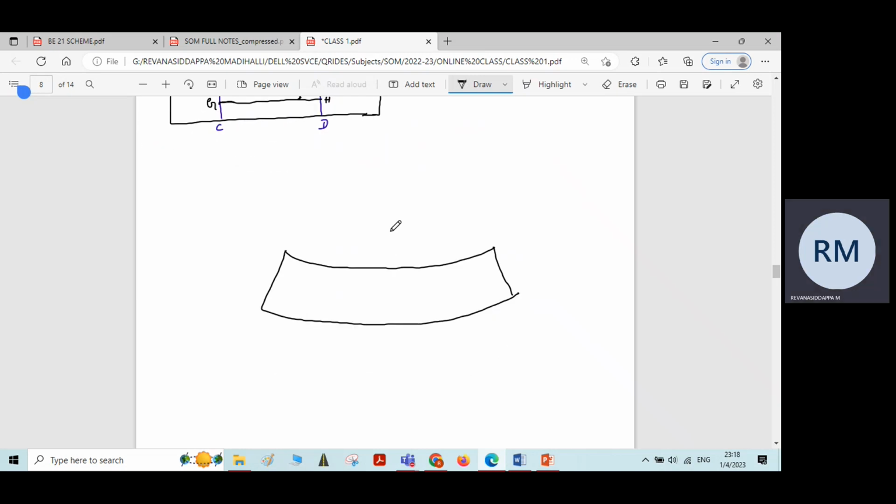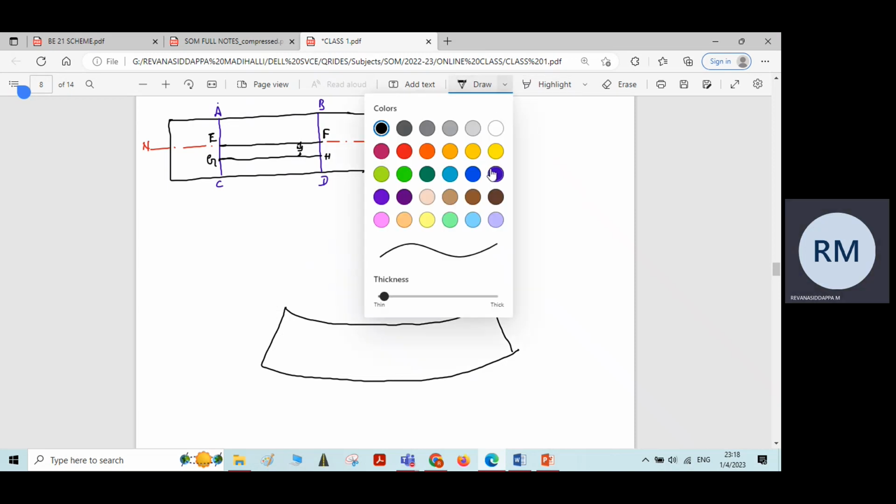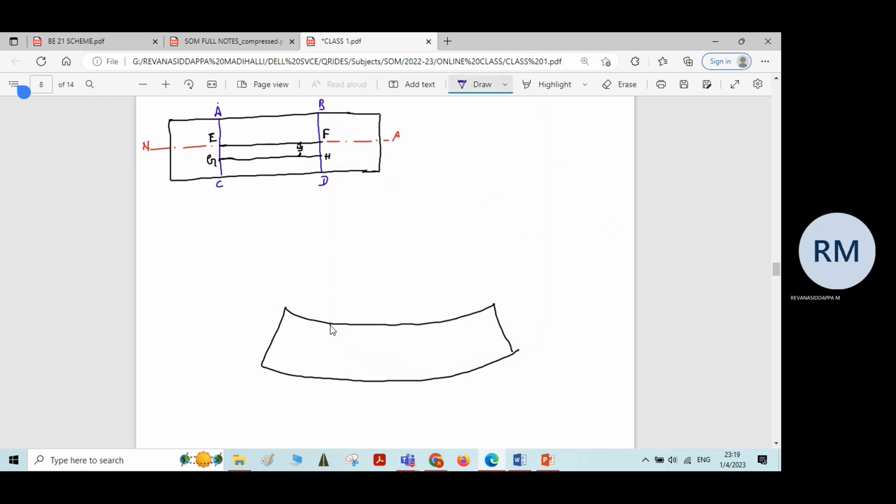Okay, this is the bent shape of the beam. So here comes the section AC, and here we will get the section BD.